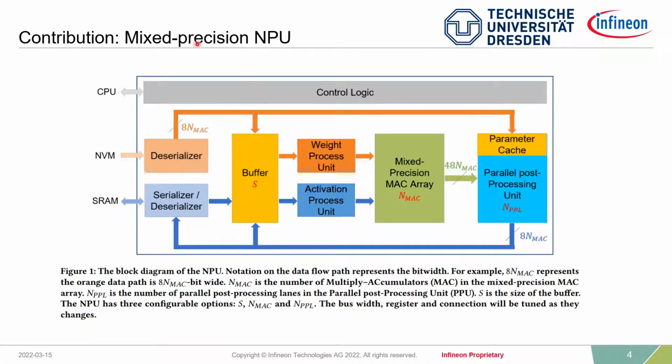We applied our method to developing a mixed precision NPU. In our NPU designs, the number of MACs, the number of parallel processing units, the buffer size, as well as some additional resources are configurable, so that it fits the various application scenarios of NPUs.